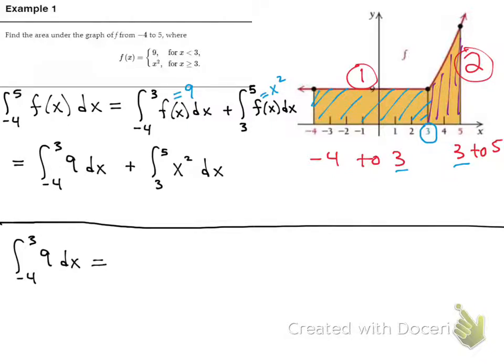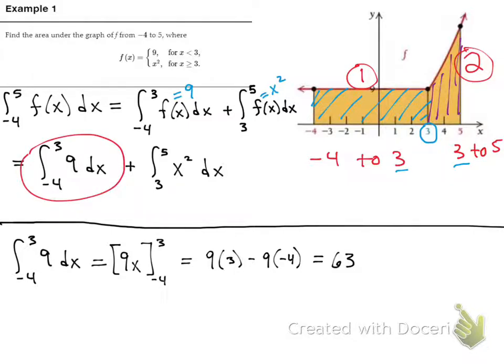The antiderivative of 9 is just 9x. And we're evaluating this from -4 to 3. So now we can just plug in our limits. So we have 9 times 3 minus 9 times the second limit, which gives us 63. So we know the value of this first integral is 63.